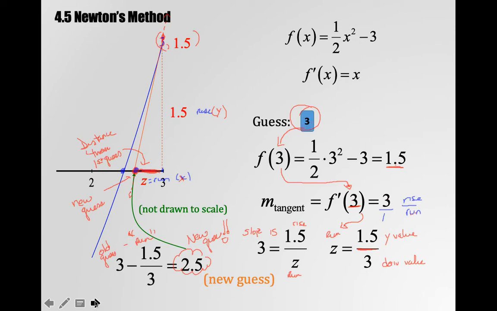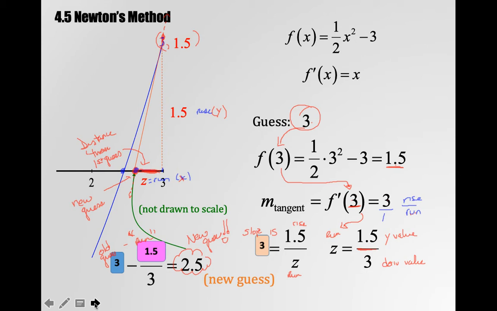So again, took my guess, took my y value from my guess, which is your rise, took the derivative value from your guess, used it. That's how you ended up getting, right?